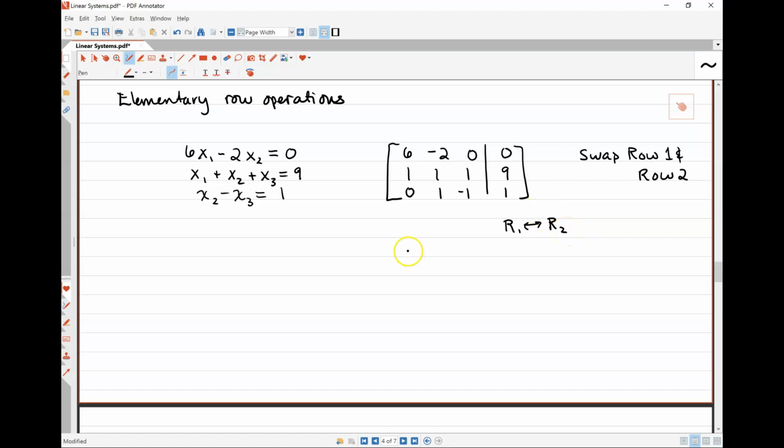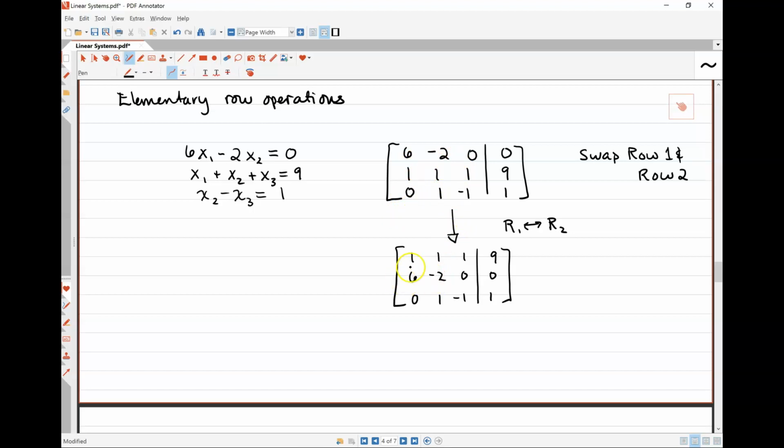So we're going to make this transformation. I'll rewrite this: 1, 1, 1, 9, 6, -2, 0, 0, and 0, 1, -1, 1. Really all I've done is swap the first two rows of this matrix to get to this matrix.